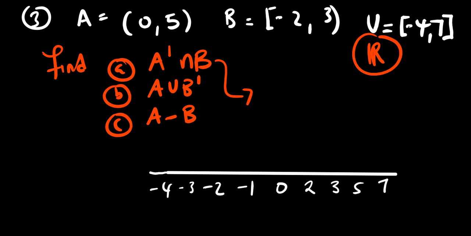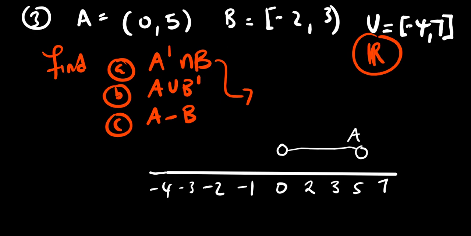Now let's put A. We're moving from 0 to 5. Because 0 is not included, I'm going to open, and 5 is not included, so I'm going to open, and I'm going to join these two points. This is our A. Then we come to our B, which is -2 to 3.